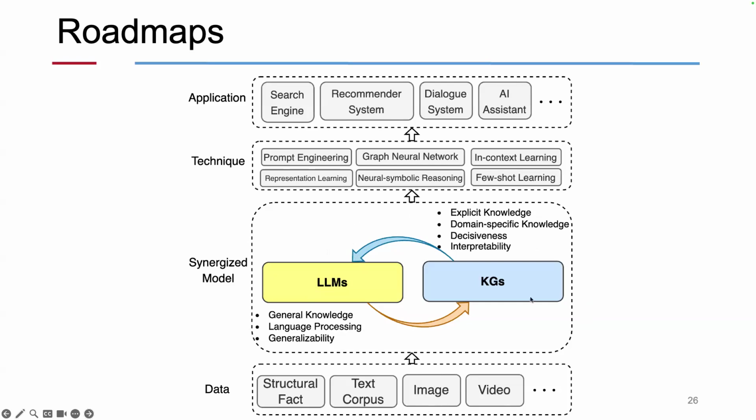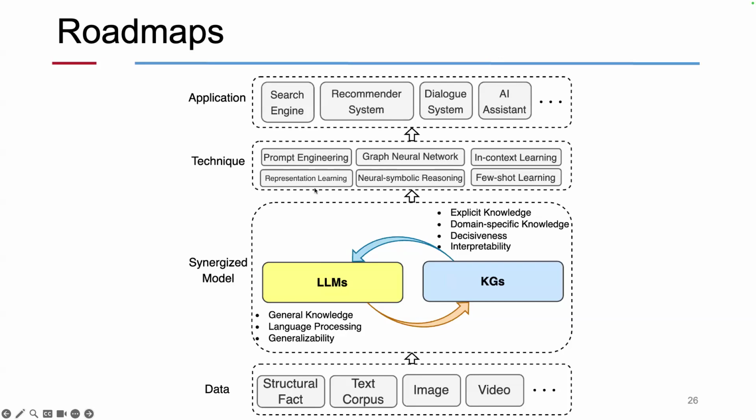Because we now have different modalities, with large language models and graphs, we may need to further incorporate different kinds of techniques. For instance, we would like to activate the LLM's capability by prompt engineering, right? For graph data, we may need to use graph neural networks, and we also always would like to do few-shot learning and in-context learning.